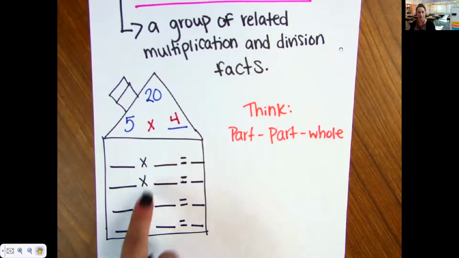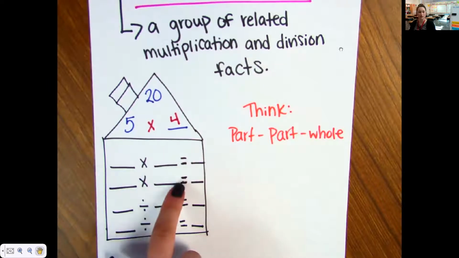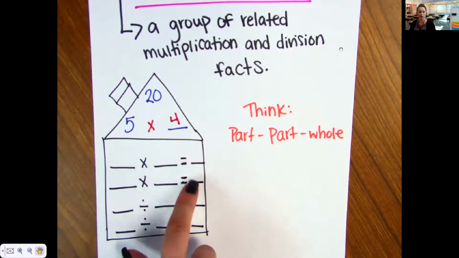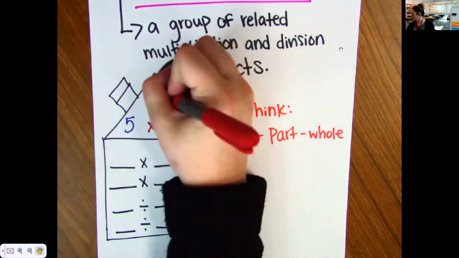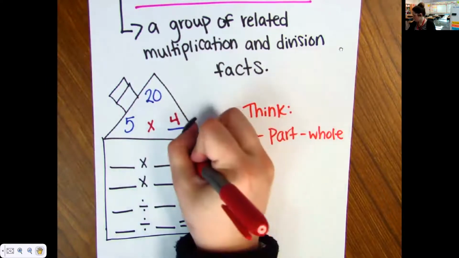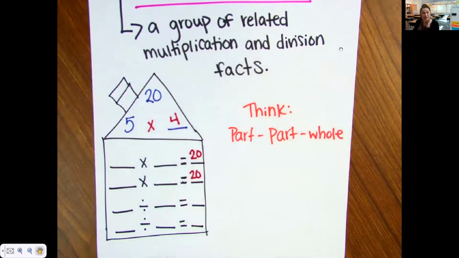So then I'm going to go through and fill in the rest. Well, I know that because this is the equal sign and this is multiplication, that this has to be my product. I know that 20 is going to be my product for multiplication, so my 20 is going to go here. It's the biggest number, and for multiplication, the biggest number goes at the end because it's the product.